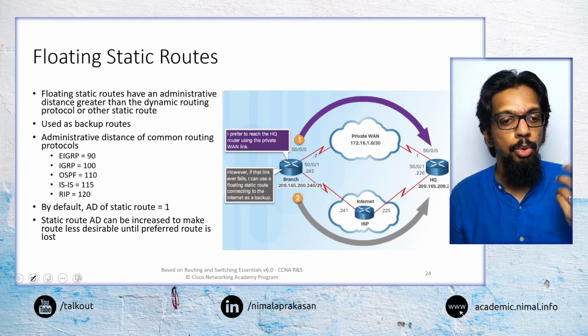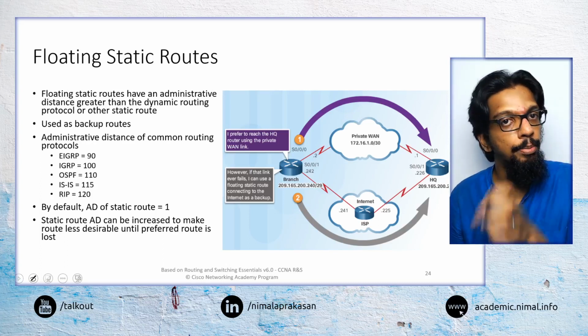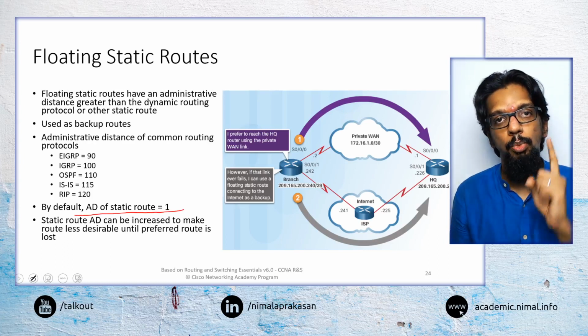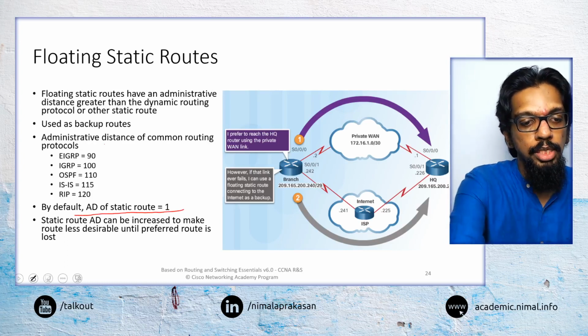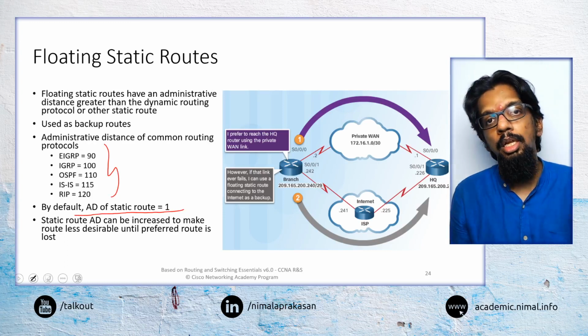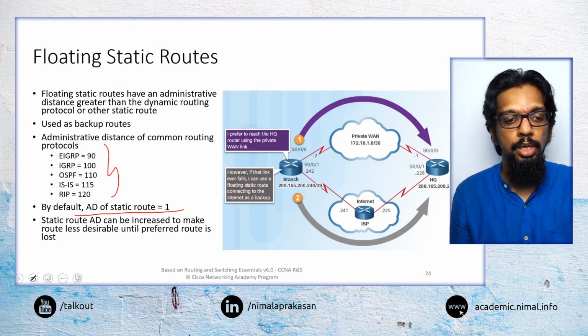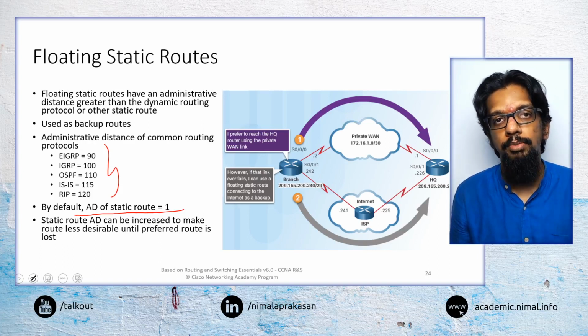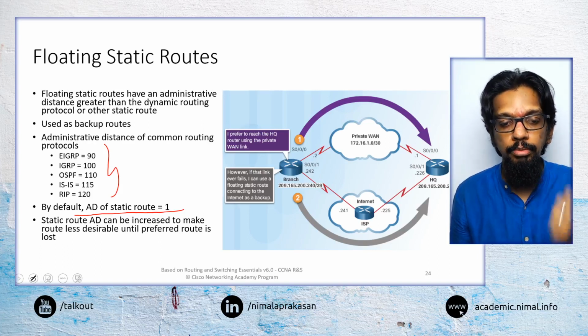If we use other static routes without any administrative distance set, the default administrative distance is 1. And if we are using certain routing protocols, the administrative distance could be different depending on the protocol.